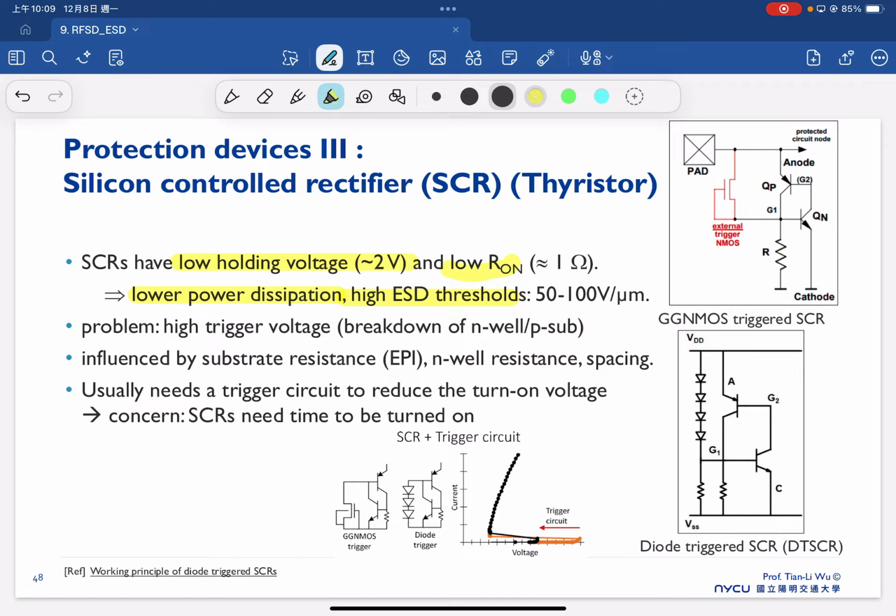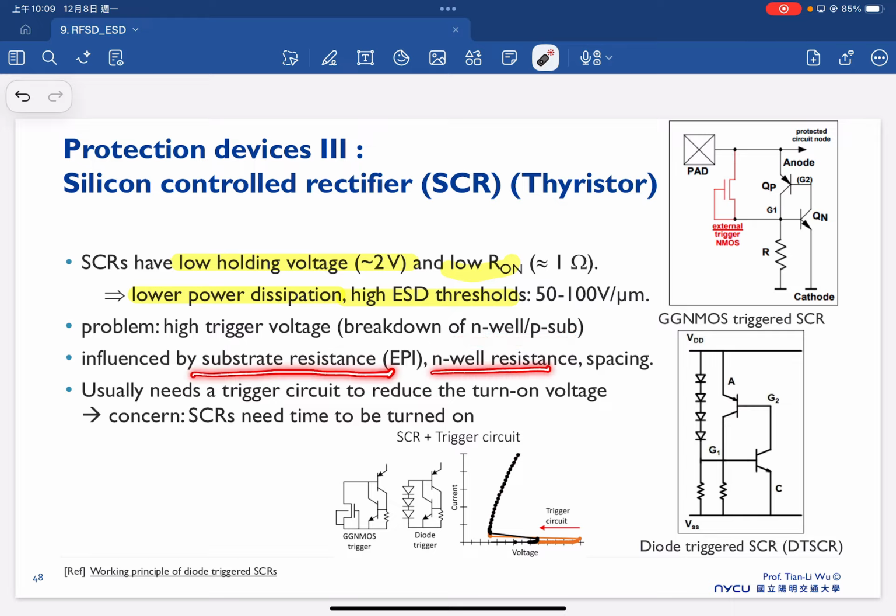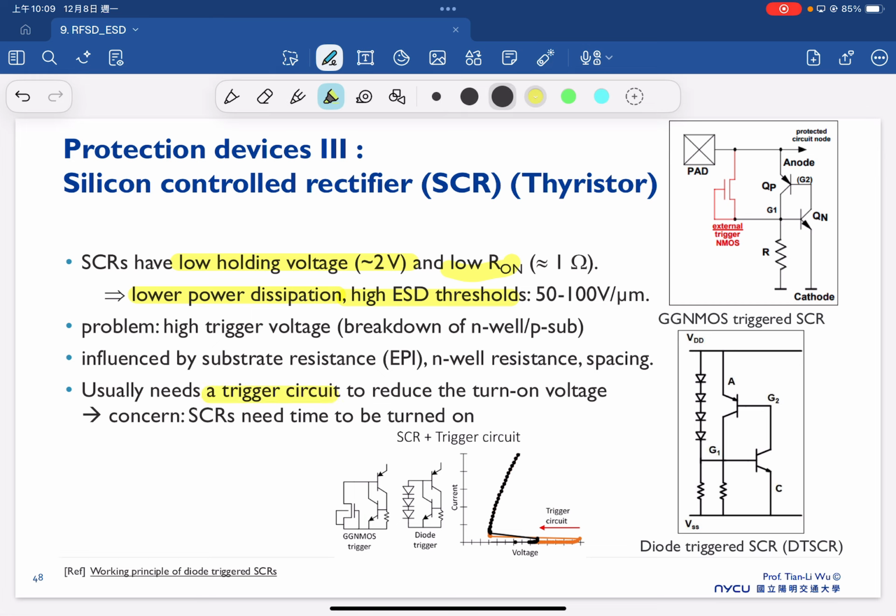The problem for the SCR is that there will be a high trigger voltage, because you need to break down the N well and P substrate, and that will be influenced by the substrate resistance, N well resistance, and spacing. You also usually need a trigger circuit to reduce the turn on voltage. So that's a typical concern for the SCR here.